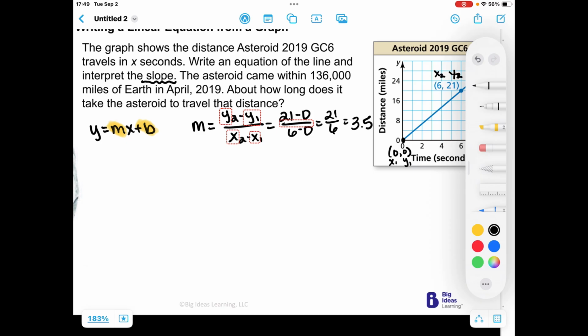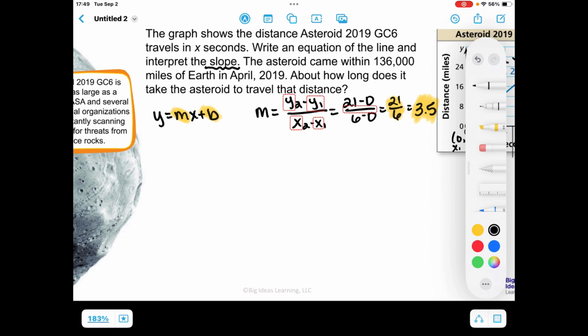I like to leave my slope as 21 over 6. I like to leave it as a fraction, but for the sake of this example, they do have it simplified down to 3.5. So we would just plug that in.